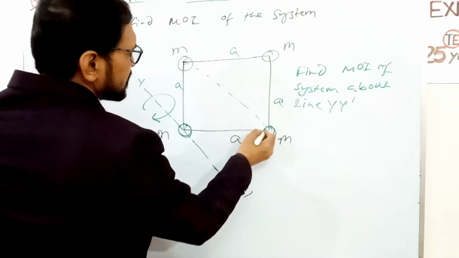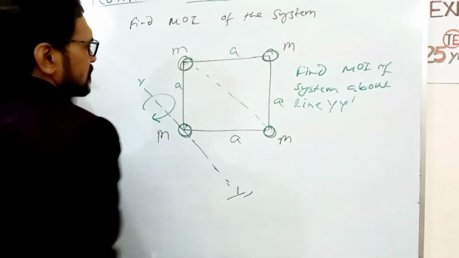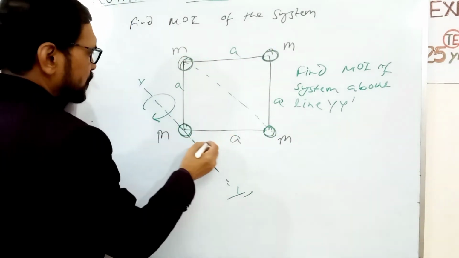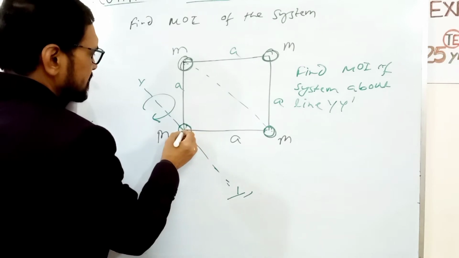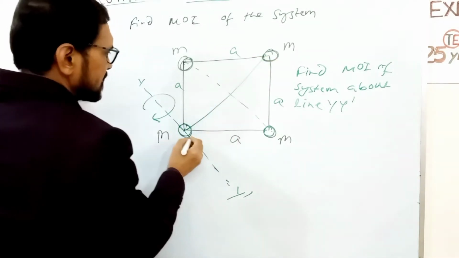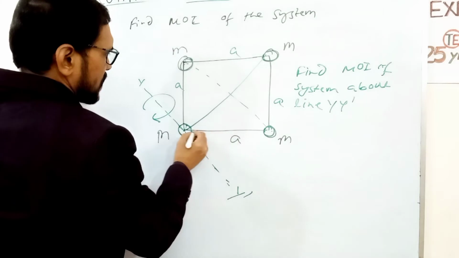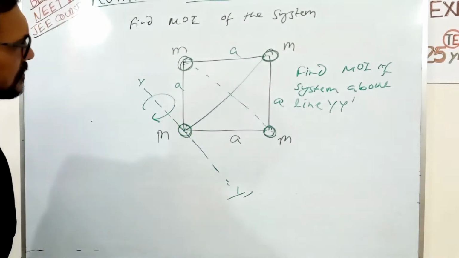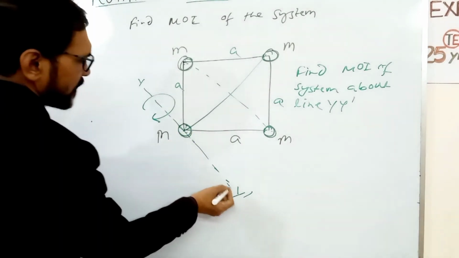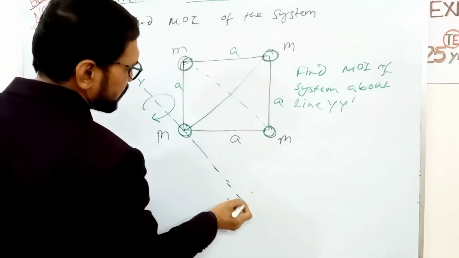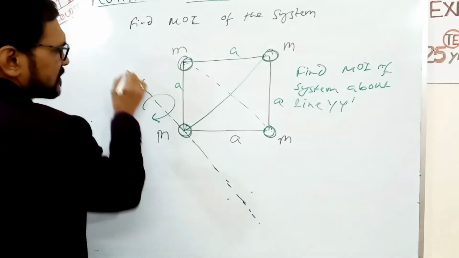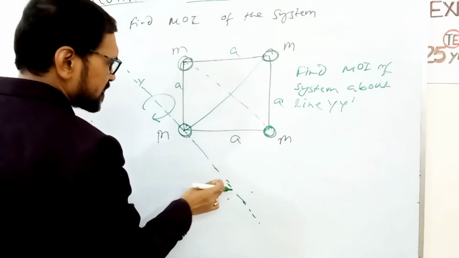Here point masses are given, so to find the moment of inertia we have to find the distance of each point from this axis.